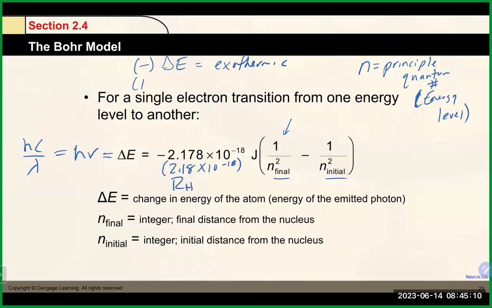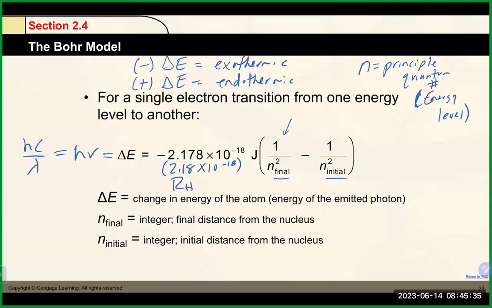And if you end up with a positive value for delta E, that's going to be endothermic, which means heat and energy is going to be absorbed. It is really important that you keep the sign for the energy part, because it tells somebody whether or not it is giving off energy or absorbing energy.